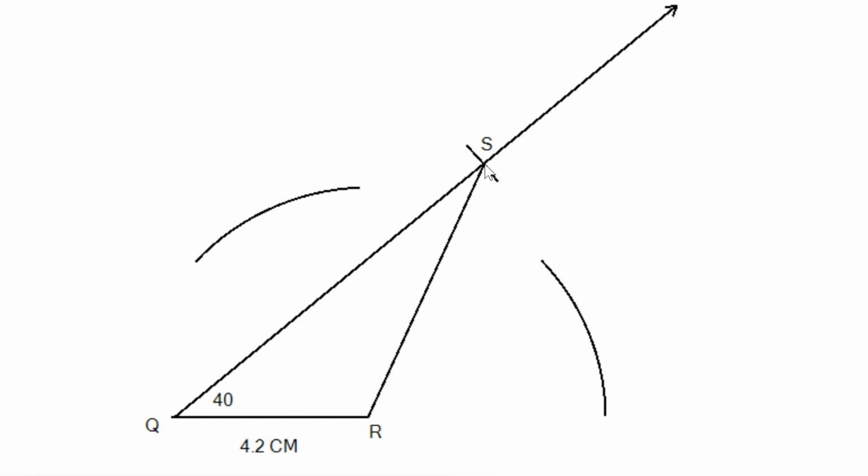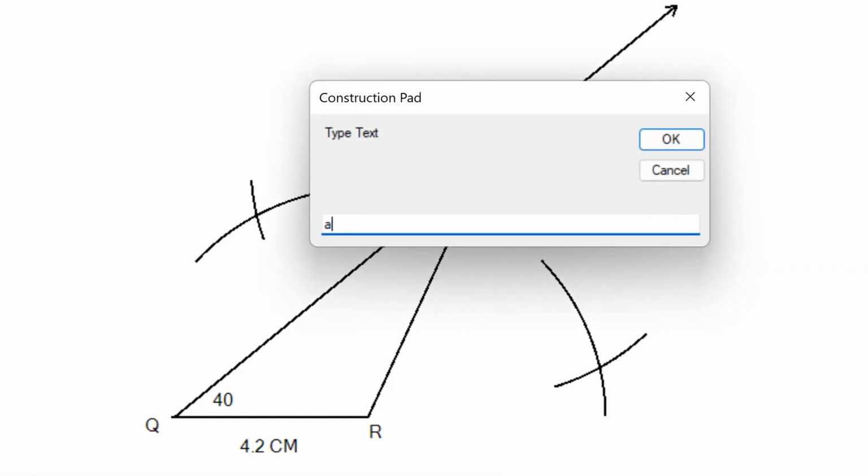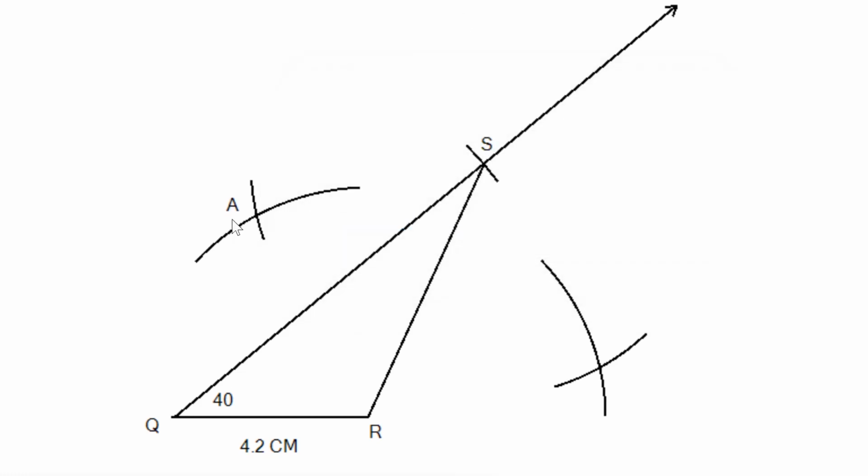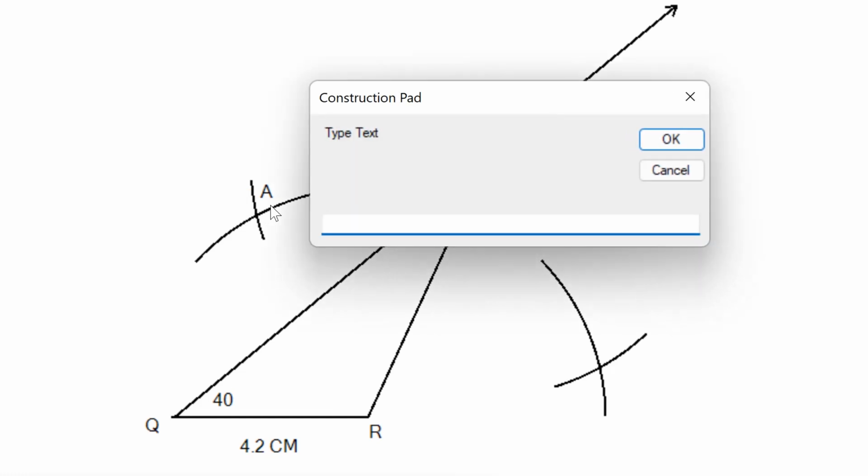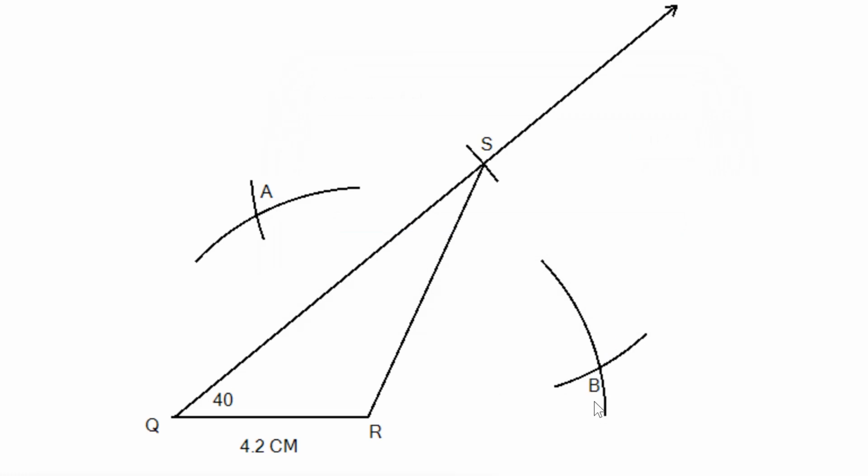Then consider S as center with the same radius. I have considered 5 centimeters, but you can consider any radius greater than half of SR. Draw arcs intersecting the first two arcs at points A and B. And then draw line AB.